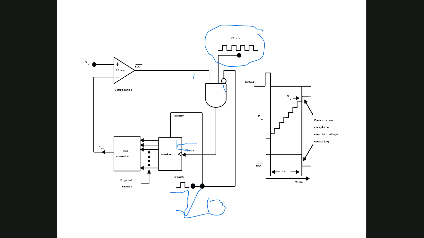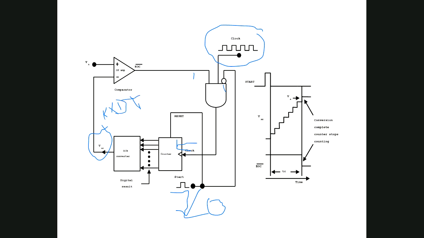When the clock starts coming here, what will happen? This counter will start counting. Clear? So it will count 0000, 0001, 0010, 0011 and so on. This VAX will start incrementing. Why? Because it is K times the digital input.